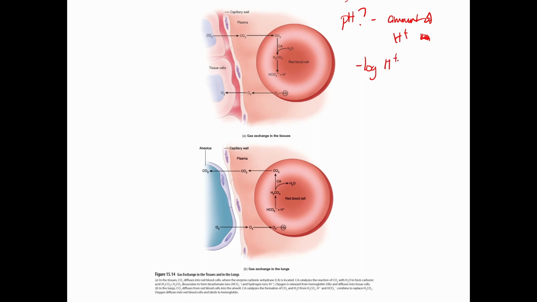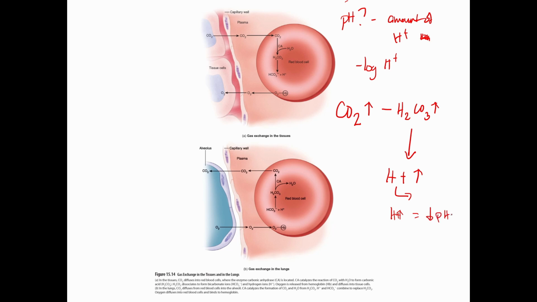To make it short, as carbon dioxide increases, carbonic acid will also increase. If you have greater amounts of carbonic acid, you will also have increased amounts of hydrogen ion. And since hydrogen ion represents our acidity, the more hydrogen ion you have, the lower your pH is.